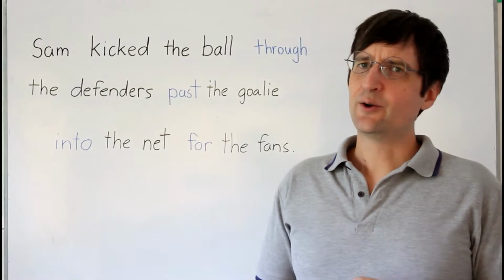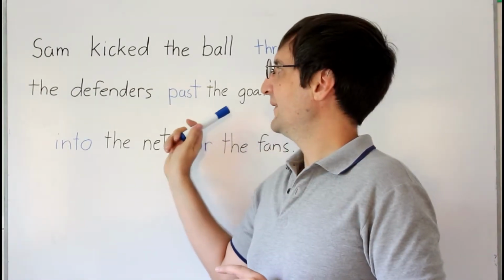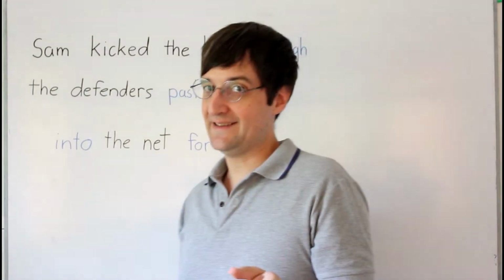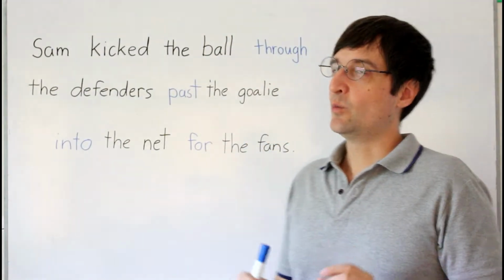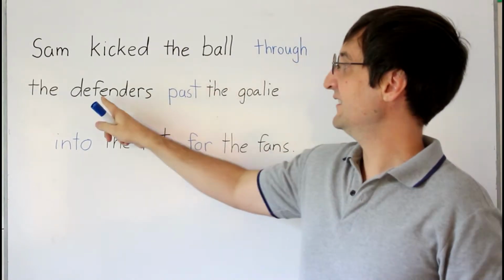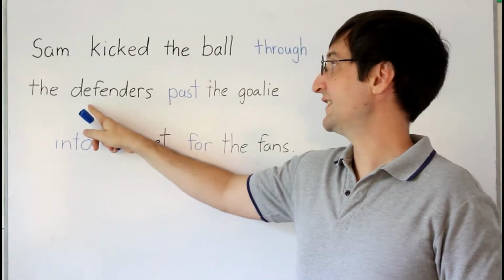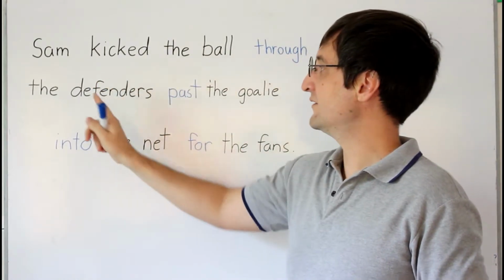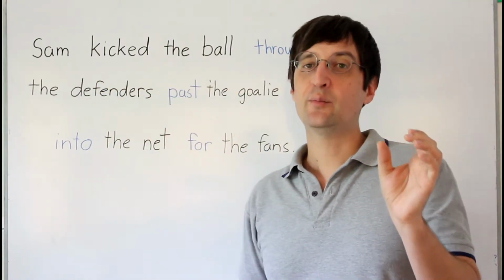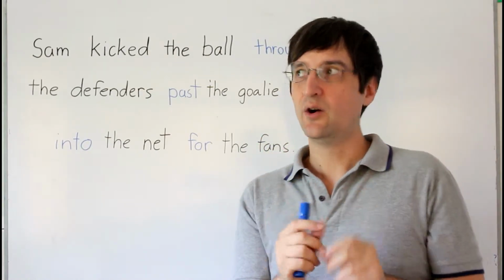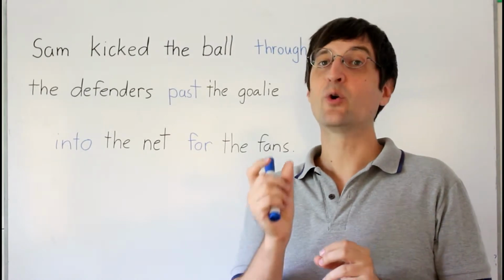All right, so let's look at prepositional phrases next. We know this is the preposition, through, and it's sticking this noun, the defenders, into the sentence. So this together, through the defenders, the preposition plus the noun, is called a prepositional phrase. It can also be a pronoun, a noun or a pronoun.